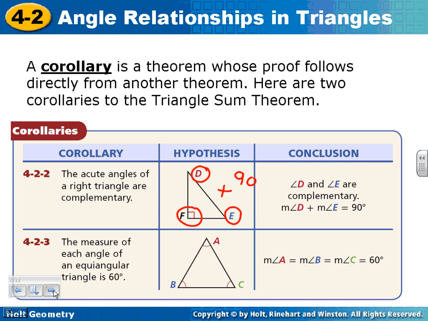The theorem at the bottom, 4.2.3: The measure of each angle of an equiangular triangle is 60. Remember, equiangular means that all three angles are congruent, which means these angles have to be 60, because 60 plus 60 plus 60 is 180.